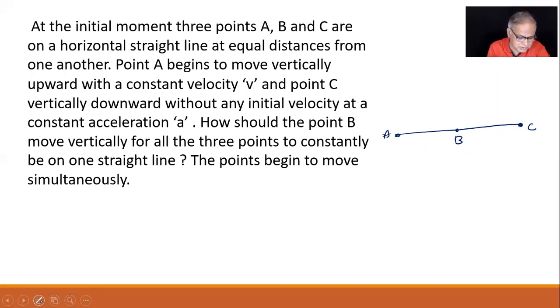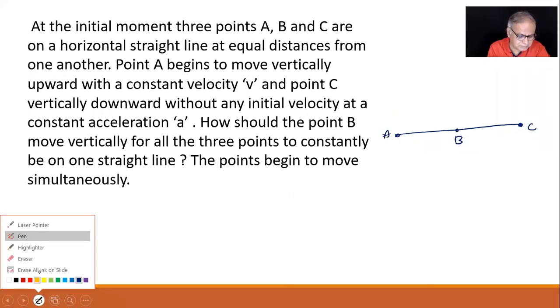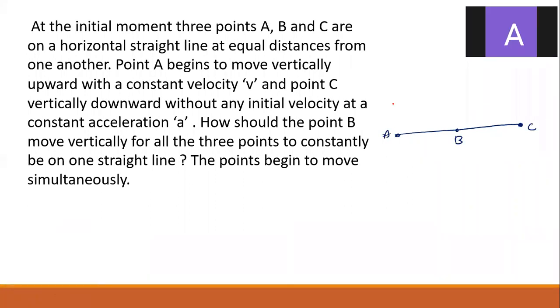Now, can I put, for example, this is in a time t, A is at some point like that. It is traveling a distance of vt because constant velocity. Okay, and C is going with some constant acceleration A. In the same time t, it went half at square.